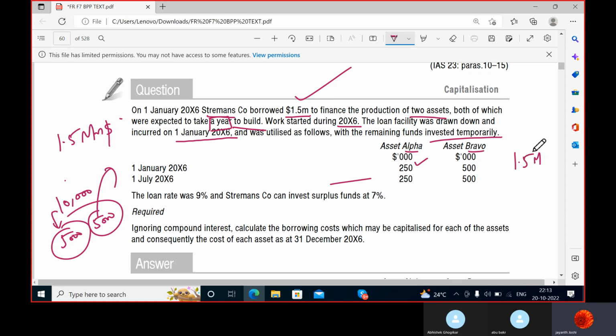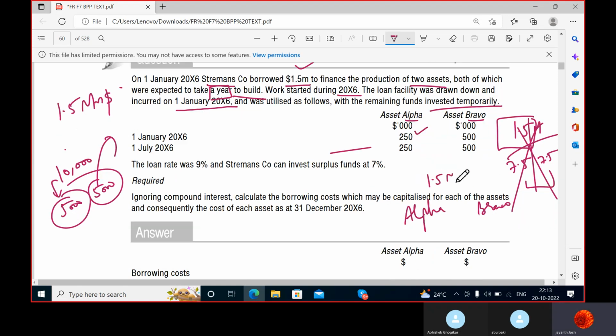Out of this, they utilized 250 right now for construction of alpha and 500 for the construction of bravo.